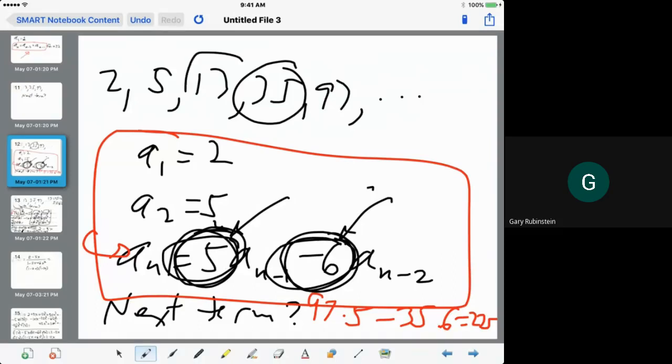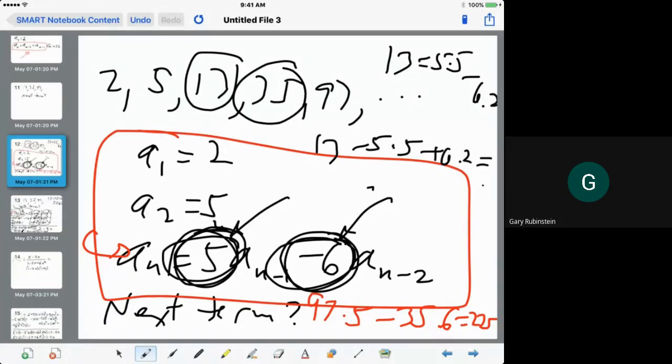Since 13 was 5 times 5 minus 6 times 2, then 13 minus 5 times 5 plus 6 times 2 would equal 0. And that's why, yes, you do switch the signs of the coefficients.